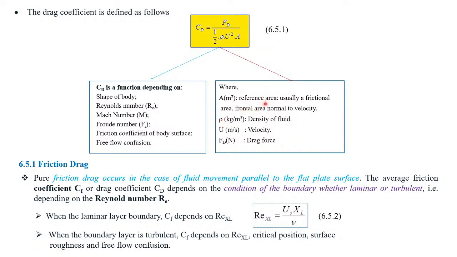This depends on the case we study. Rho is the density of fluid, unit kilogram per cubic meter, U is the velocity in meter per second, and FD unit is Newton. This is the drag force.